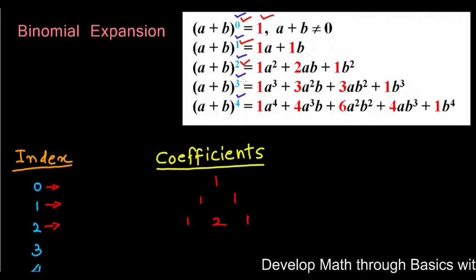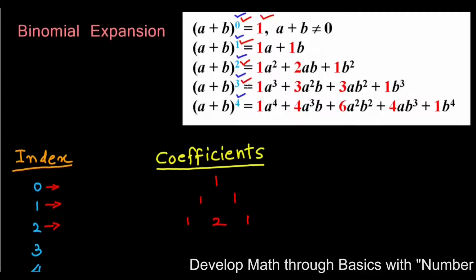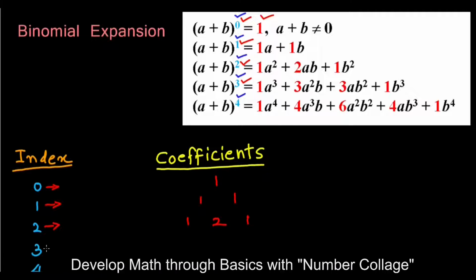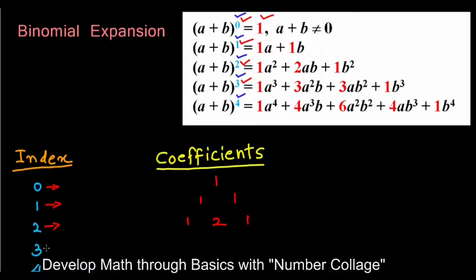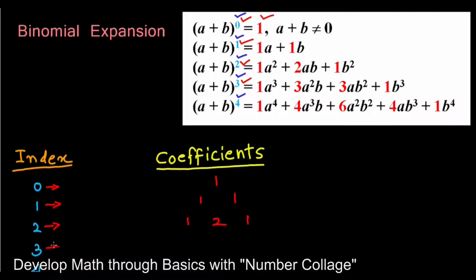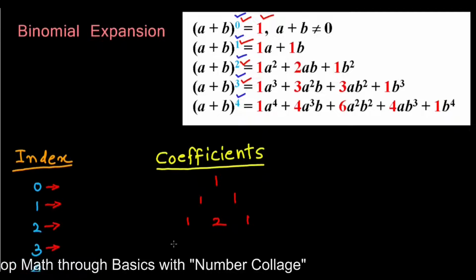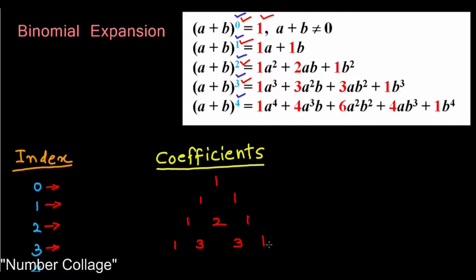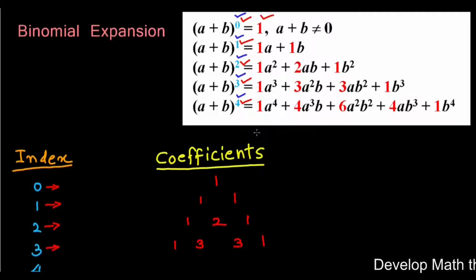When the index of the binomial is 3, there will be 3 plus 1, 4 terms in its expansion. So we will write those coefficients next to this index 3. So the coefficients will be 1, 3, 3, and 1. And when the index of the binomial is 4, there will be 4 plus 1, 5 terms in its expansion.